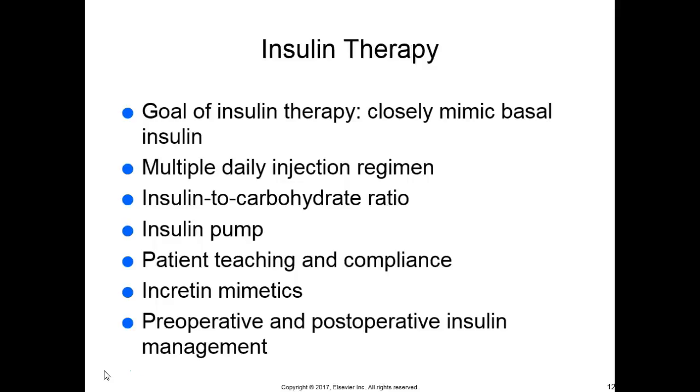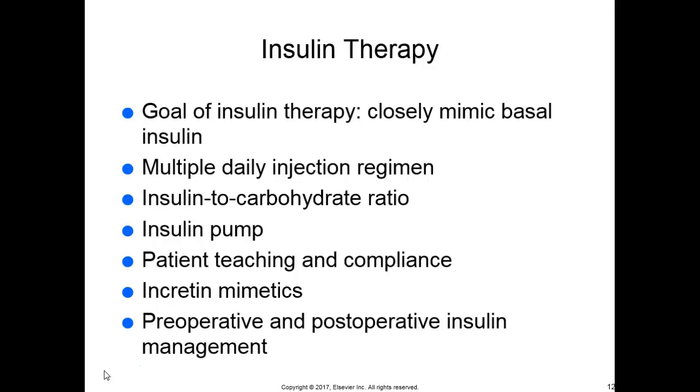Then we also have insulin to carbohydrate ratio. The patient receives extensive MNT and needs to be taught to interpret blood glucose patterns and how to count carbohydrates, and also to calculate bolus doses based on carbohydrate intake. One unit of insulin will cover 15 grams of carbohydrate for most patients.